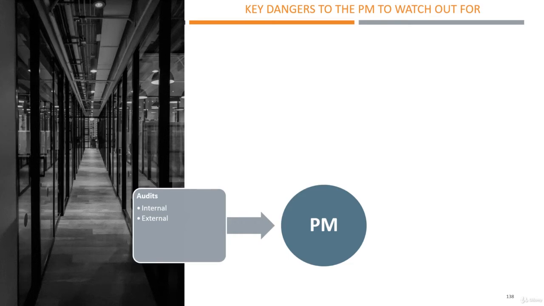So it's also very important to ask, do you get external audits and what type of things do they want? So for those two, the strategy, if you like, is to check with other project managers, the project office, or even your manager or anyone: do you get those and what do they want from you?